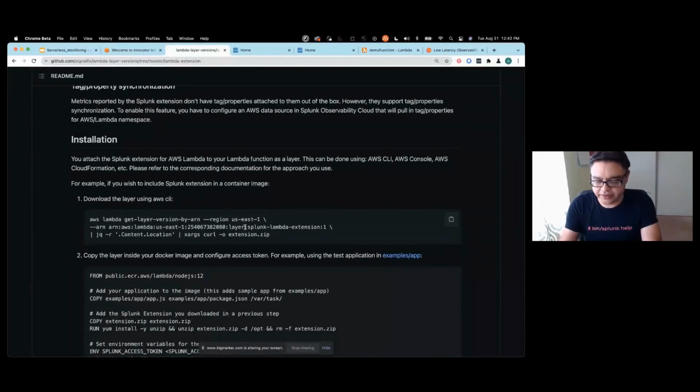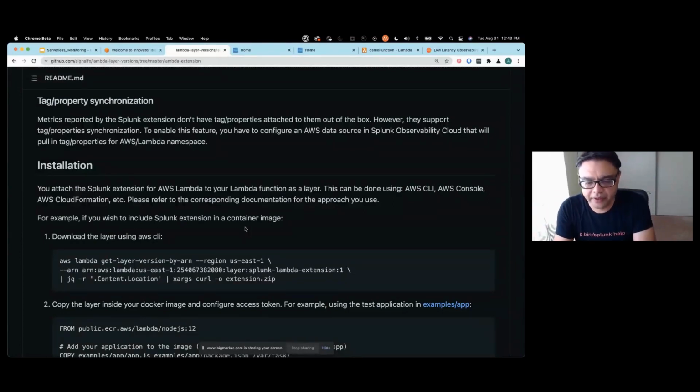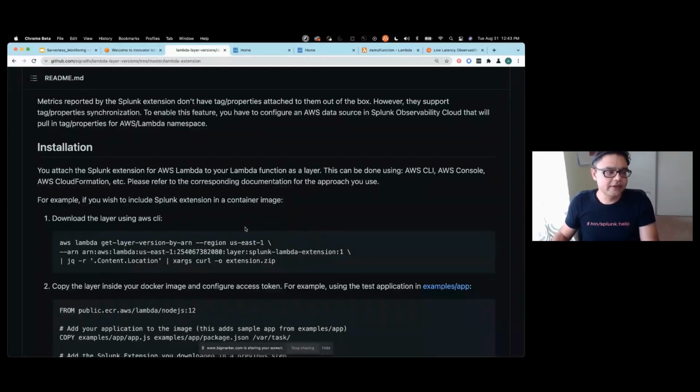Now, how do I install? There are two ways to do this. First is what we have been talking about: putting your serverless function within a container image, then taking that container image, putting it in ECR, and using it for your serverless function. That's the recommended approach for production workloads. You can add this container layer into your serverless function container image.